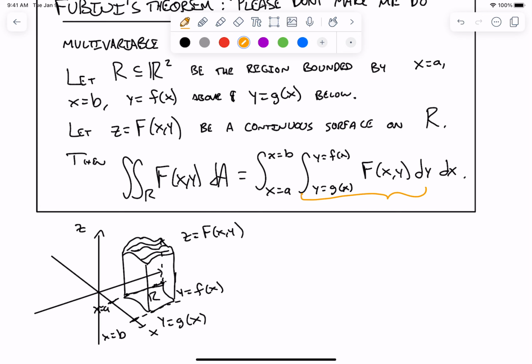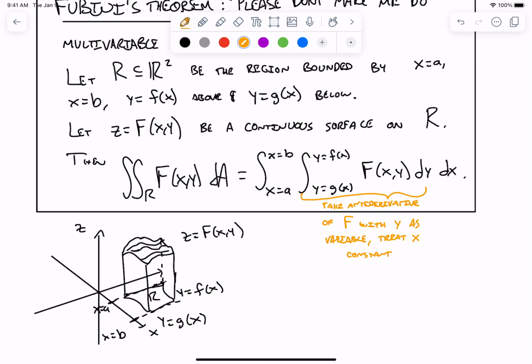What is this saying to do? It's saying you're going to take an antiderivative, just like you would back in Calc 1. Take an antiderivative of f, but here it's kind of like a partial antiderivative. You're going to use y as the variable and just treat x as constant.